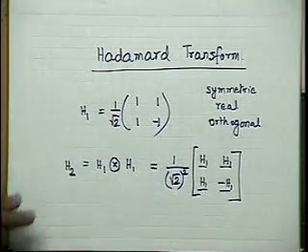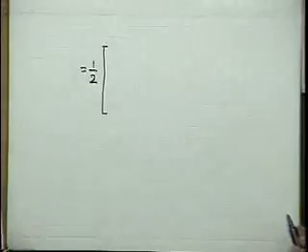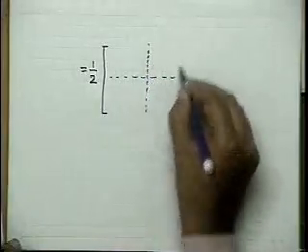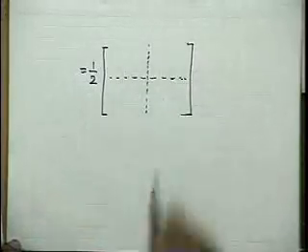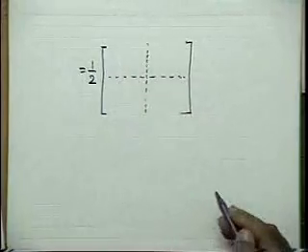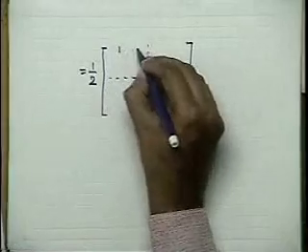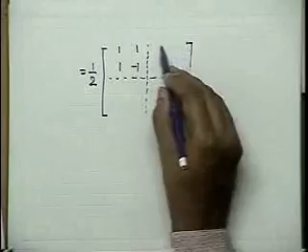So it's in the block matrix form. Now in order to write it in terms of the elements, I will write the factor as half, and I will write the H1 matrices in all these 4 subparts. What is it that I am going to write in the first subpart? H1. So H1 means 1, 1, 1, minus 1. What is this H1?